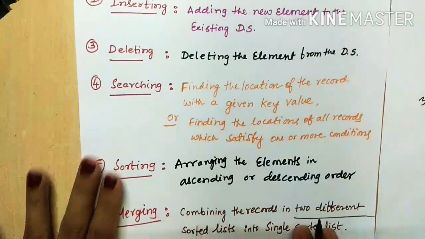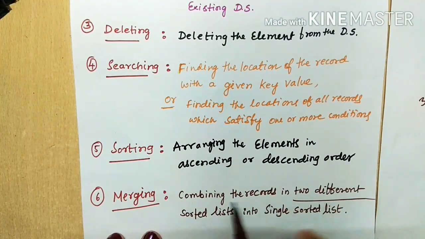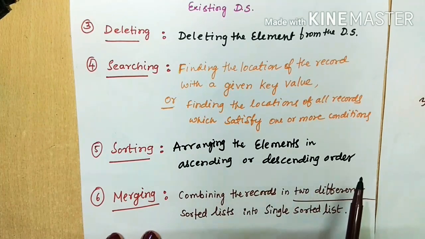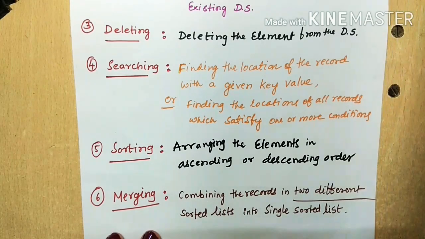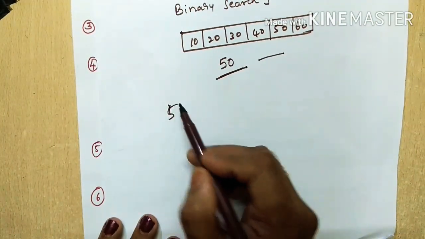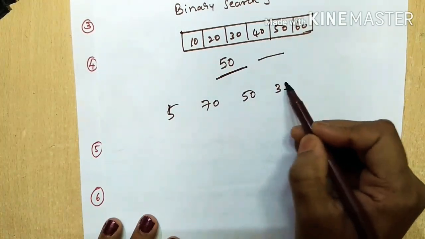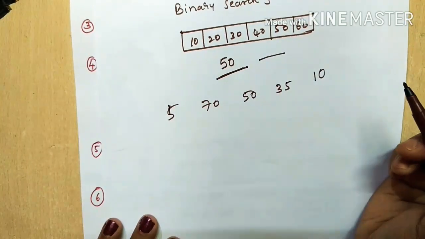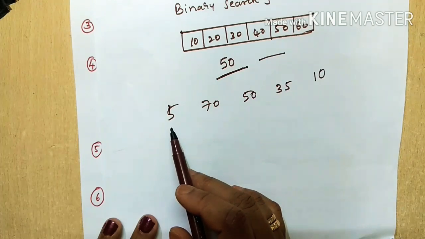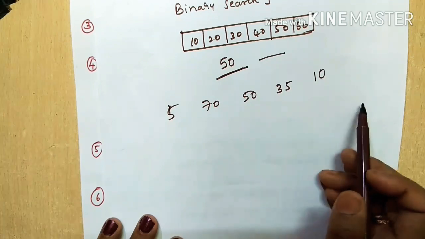One more process is called sorting. It is arranging the set of data elements either in ascending order or in descending order. Say for example, I have values like 5, 70, 50, 35, 10. While writing the data elements, I have written 5, 70, 50, 35, 10. See, it is not arranged in order.